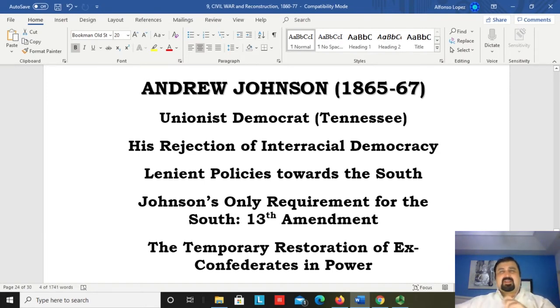I'm actually bringing in a Southerner here. He was a Unionist Democrat. He was part of the Democratic Party, but he was a Unionist, not a secessionist. He was not a fire eater, in other words. So this choice was considered strategic.